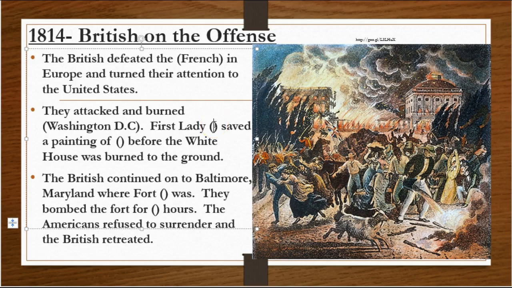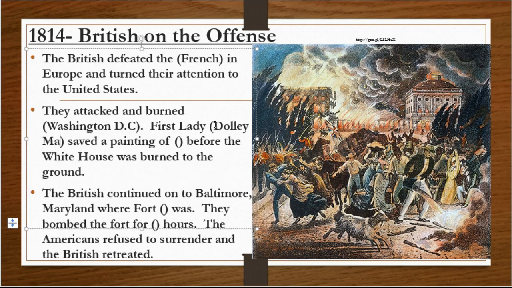Now, while the White House is burning, First Lady Dolly Madison does something tremendous. Before the British get there and light the White House on fire, she says, I'm not evacuating. I'm not leaving until we take this very famous picture of George Washington. It was a painting of George Washington that was hung in the White House.